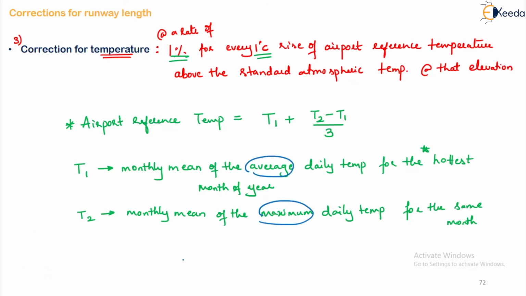If you observe here, one is the average and the other is the maximum. Understood? The standard temperature at the airport site can be determined by reducing the standard mean sea level temperature of 15 degrees centigrade at a rate of 6.5 degrees centigrade per 1000 meter rise in elevation. That is how you calculate the standard temperature. Let us write it down, these are important.